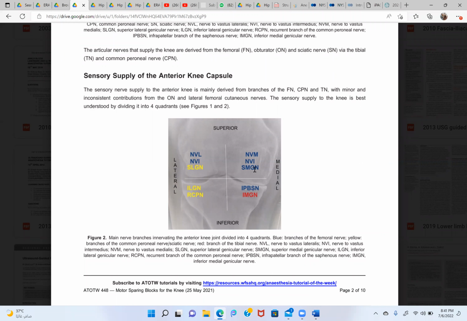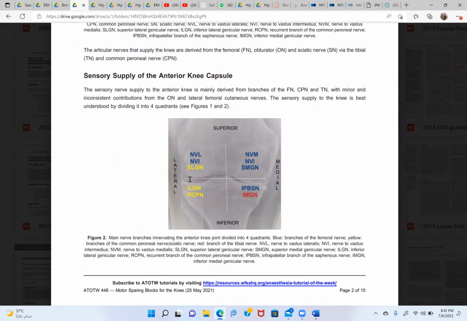SMGN is the superior medial genicular nerve, and there is the inferior lateral genicular nerve. The yellow ones are branches of the common peroneal nerve, and IMGN is a branch of the tibial nerve.